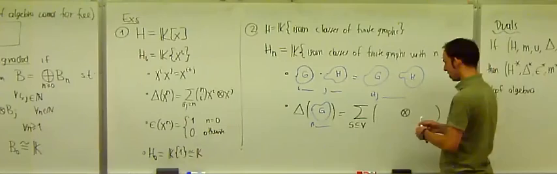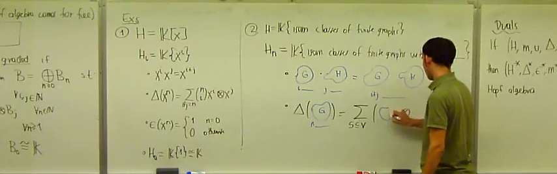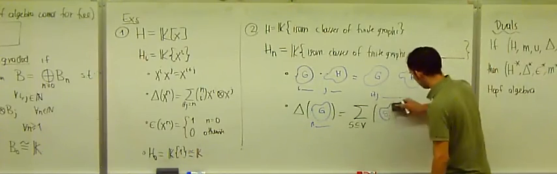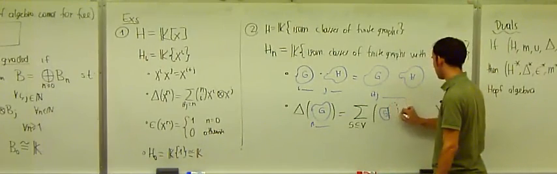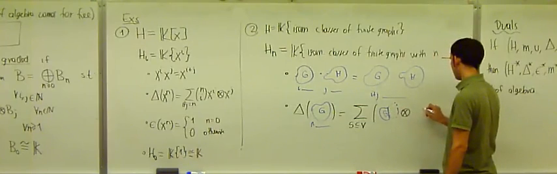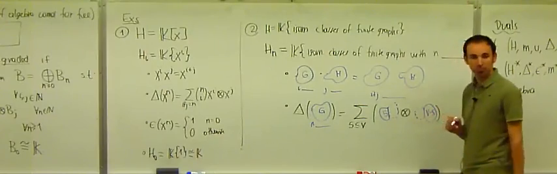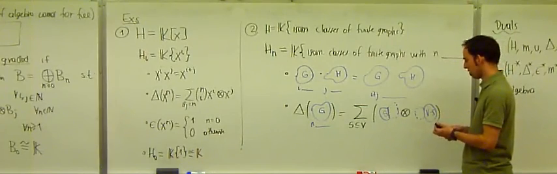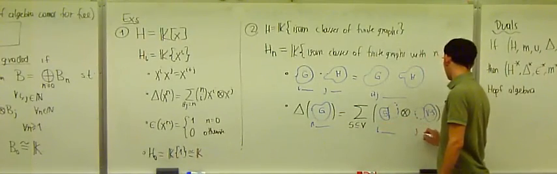Let's say that this is my set S. So I restrict the graph to this set of vertices, and then I restrict to the remaining vertices. So this has i somethings, and this is j somethings.